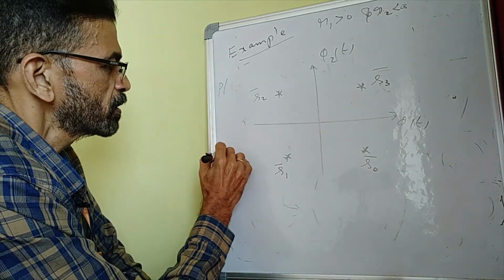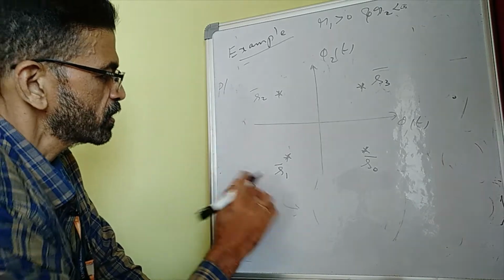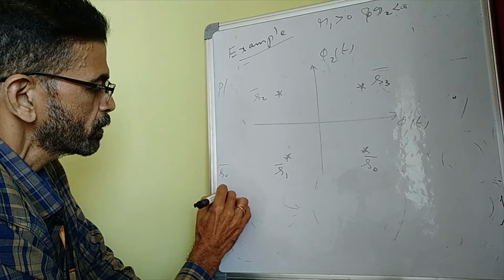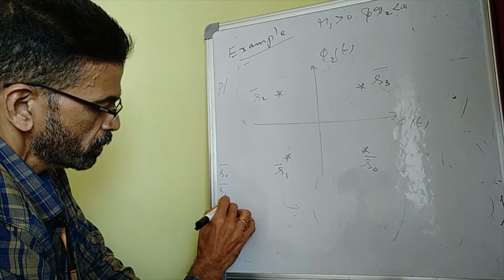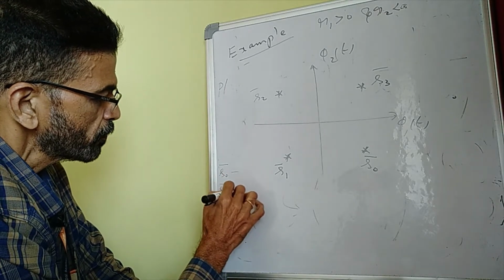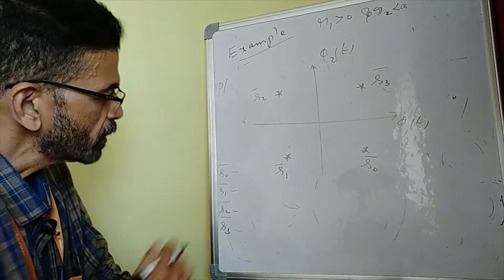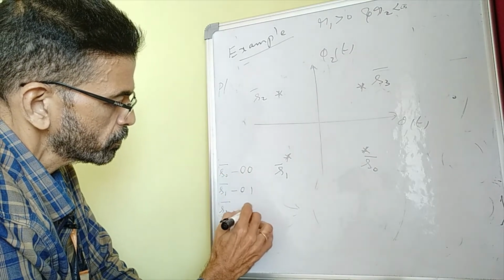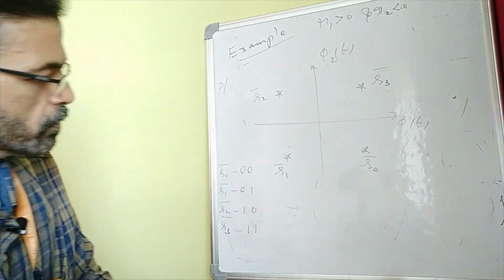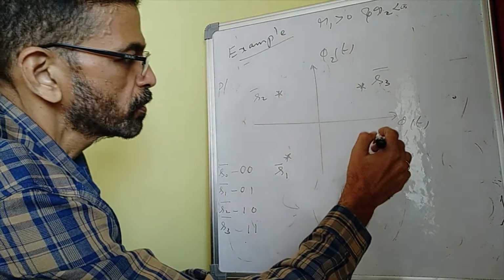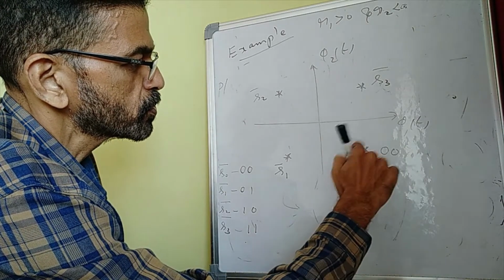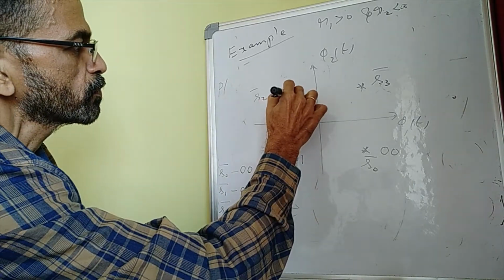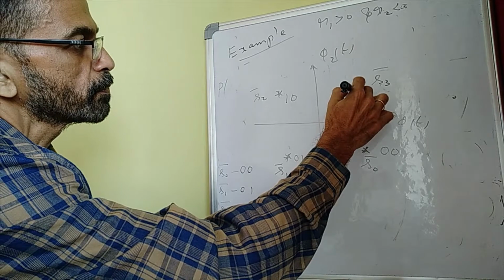I will draw it here. S0, that is signal S0(t), S1, S2, S3. I have the four signals, and suppose we map it like this. So we have 0 0, this point corresponds to 0 0, this point corresponds to 0 1, this corresponds to 1 0, and this corresponds to 1 1.